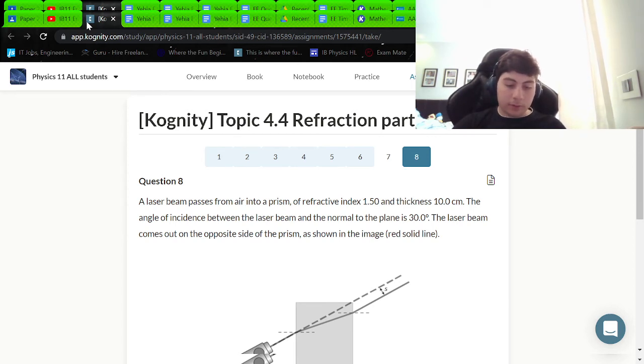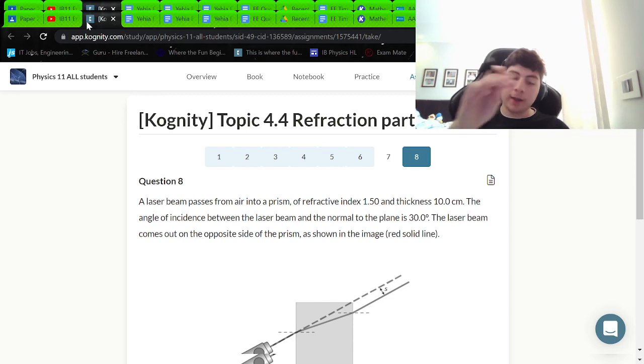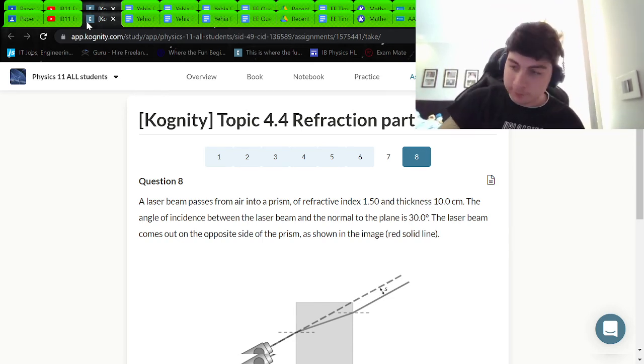So sine theta 2, so it's going to be sine 30 over sine theta, which is what we're looking for. And then we'll worry about the thickness later. Let's just get sine theta so we have all of our information.